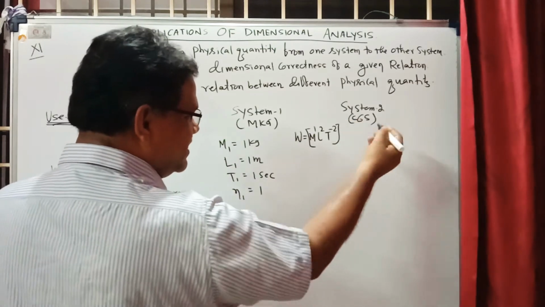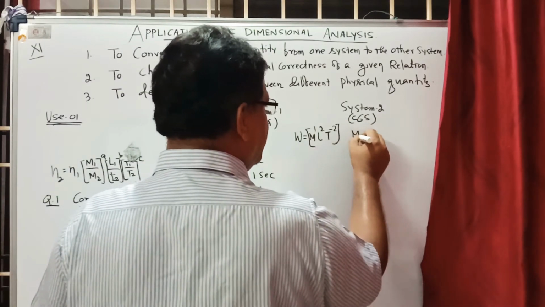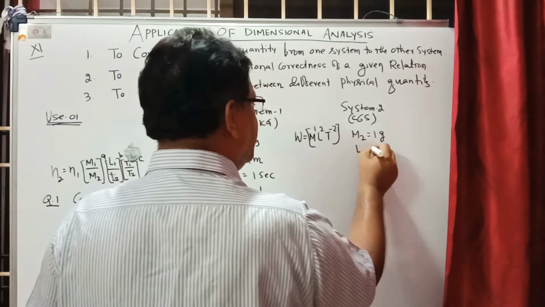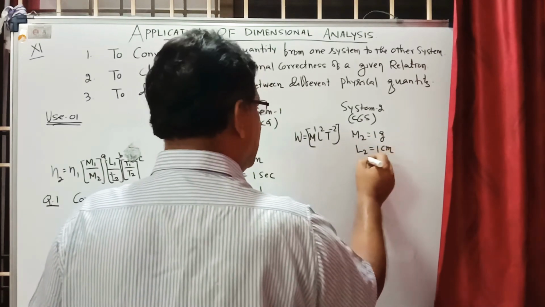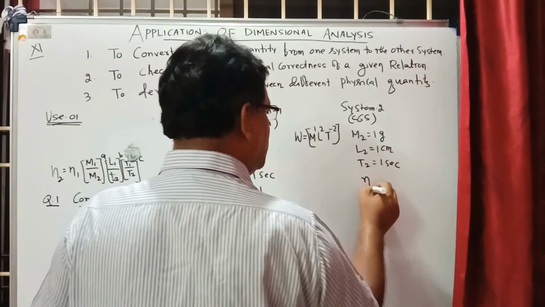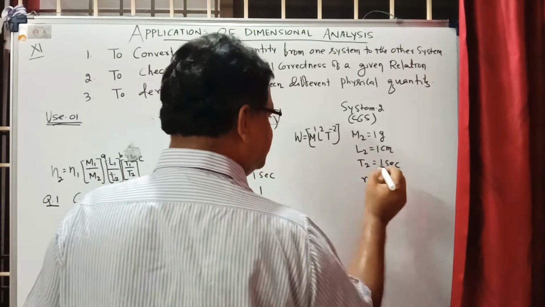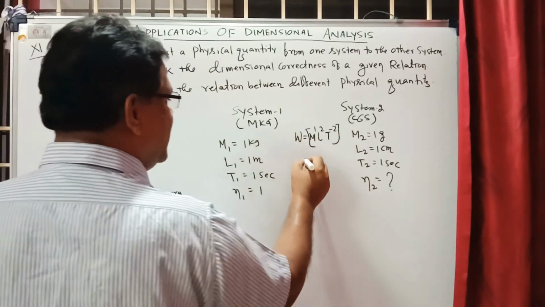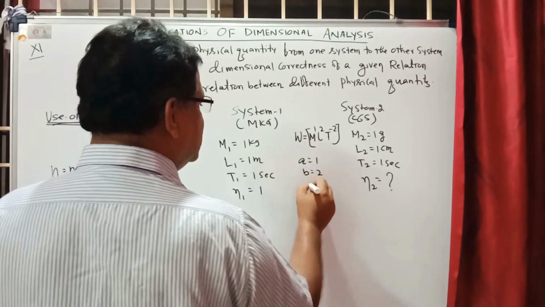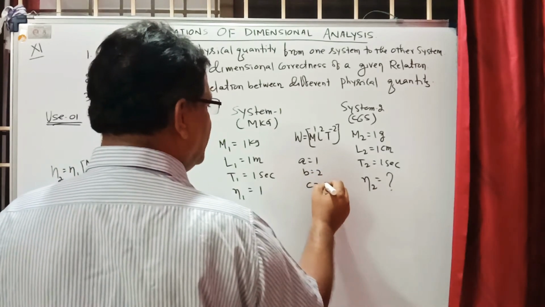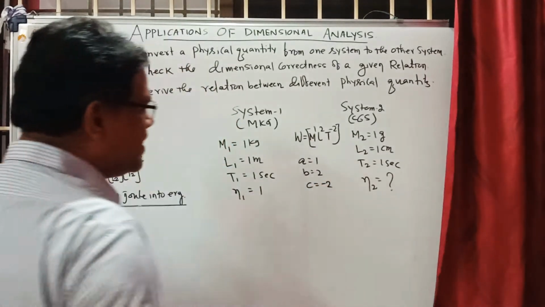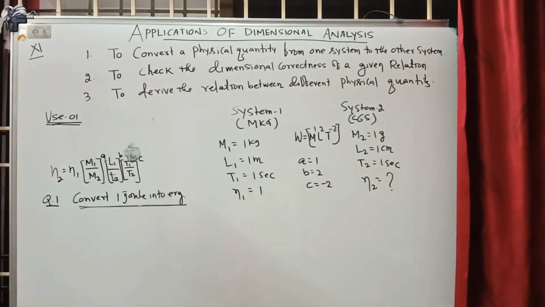In the other system, m2 equals 1 gram, l2 is 1 centimeter, t2 is 1 second, and n2 is what you have to find out. Here a equals 1, b equals 2, c equals minus 2.